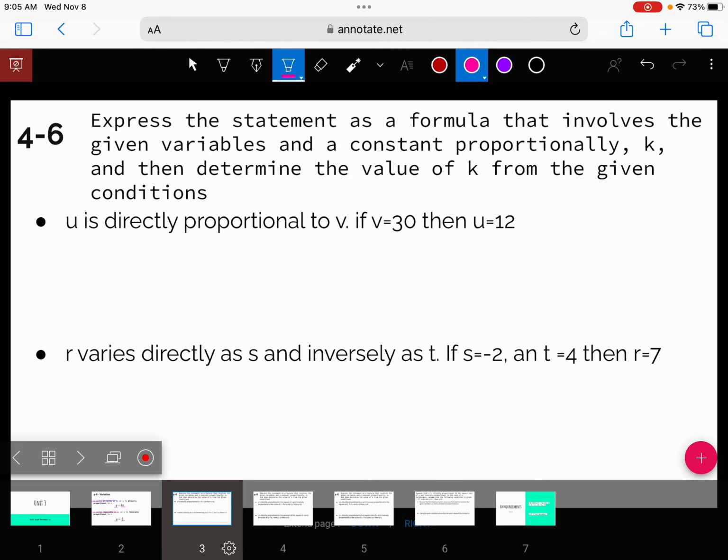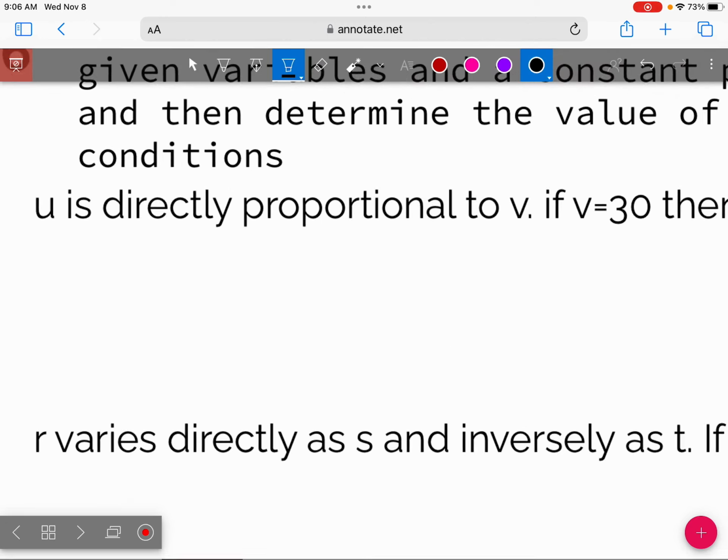Yeah, u is directly proportional to v. Is our first one. So we're going to use those words that we just had on the previous page. If u varies directly, or if u is directly proportional to v, the way we write this as a statement.